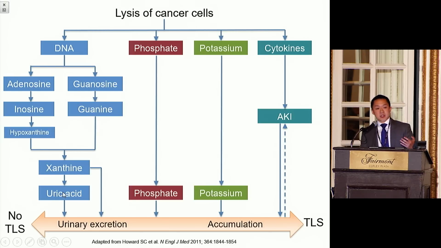And the accumulation of the uric acid can crystallize in the kidney and cause AKI. The phosphate and the potassium can cause hyperphosphatemia and hyperkalemia. Now, if the kidney function is robust and the kidneys are able to clear these substances out effectively, the patients don't develop tumor lysis. But if there's any problem with clearing these substances or if kidney function is impaired, this can lead to their accumulation, and this is what leads to the development of the syndrome.